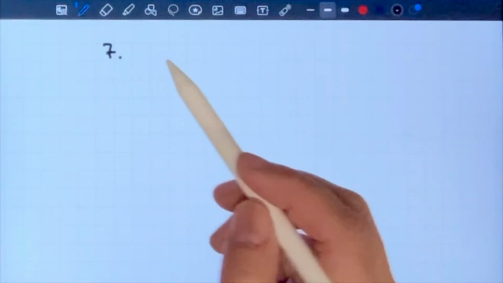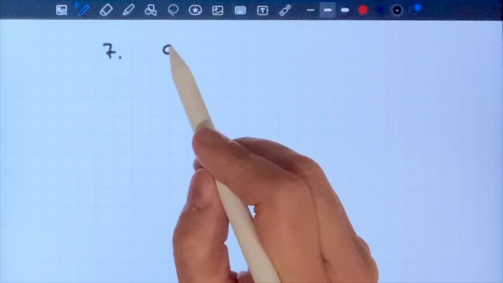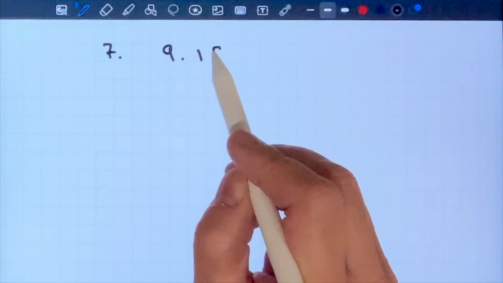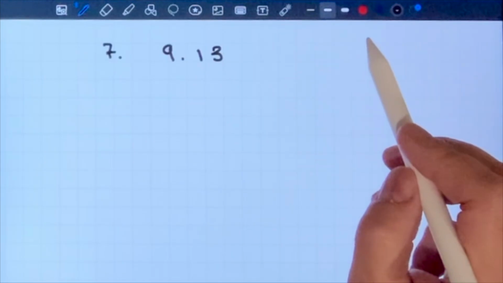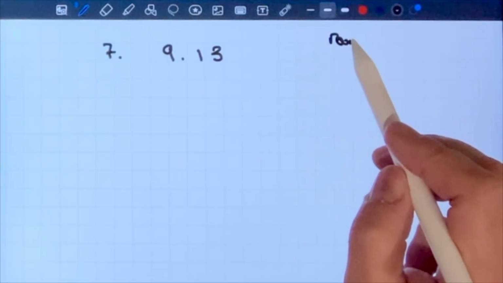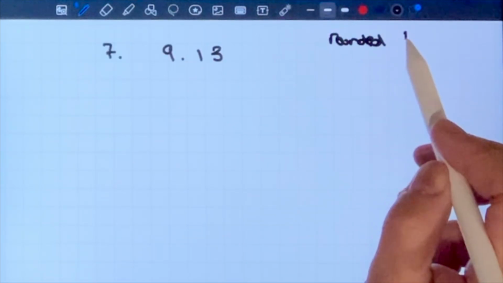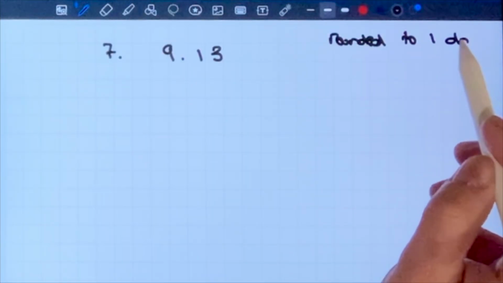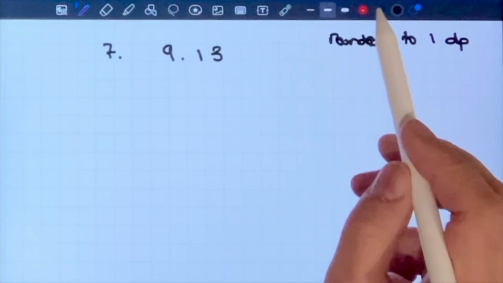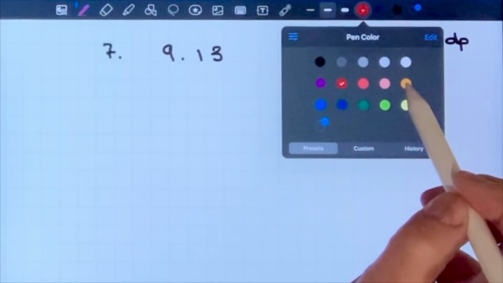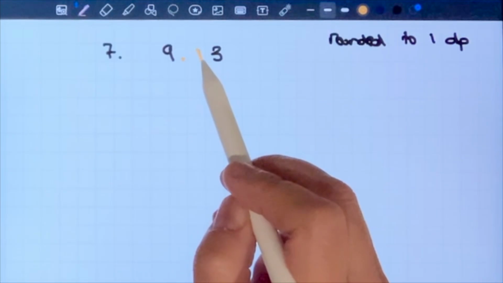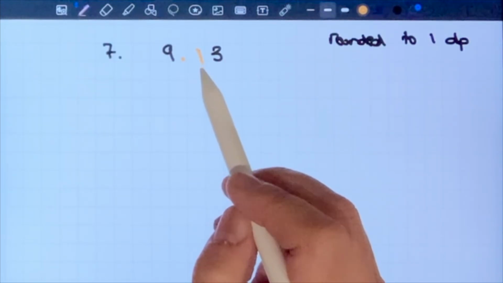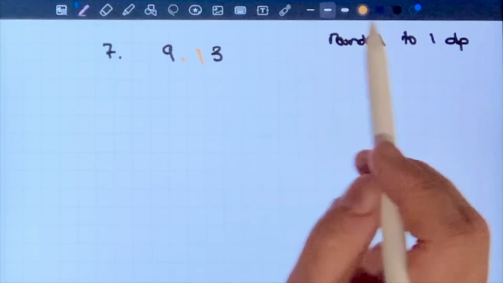Okay, example 7, we have the number 9.13, and again it's going to get rounded to one decimal place. So, here's my decimal. This is one decimal place, tenths column.